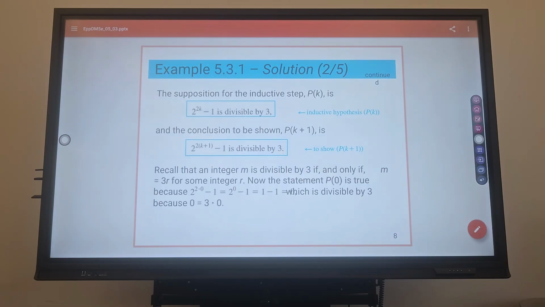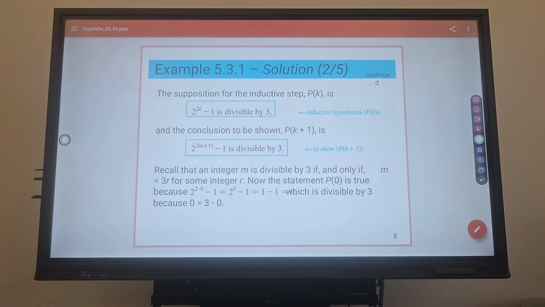So the supposition for the inductive step, P of k, is 2 to the 2k minus 1 is divisible by 3. And the conclusion to be shown is 2 to the 2(k plus 1) minus 1 is divisible by 3.